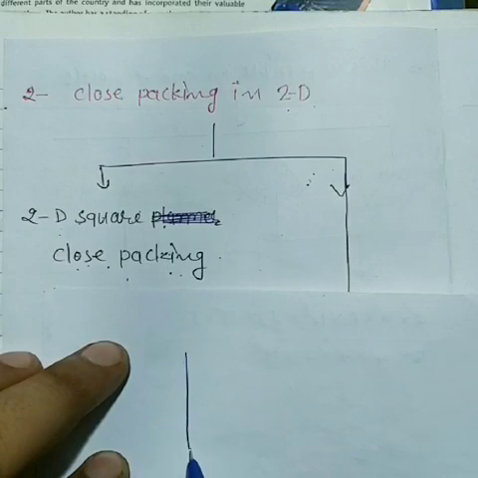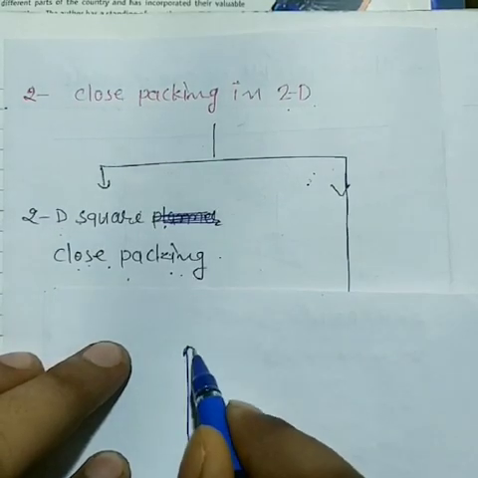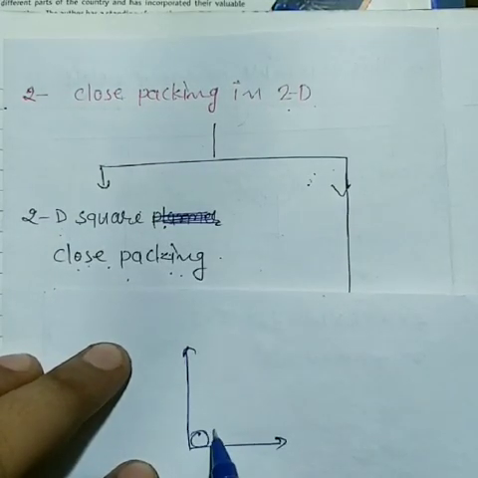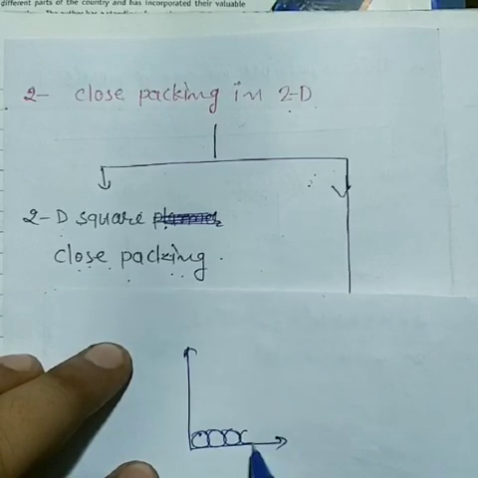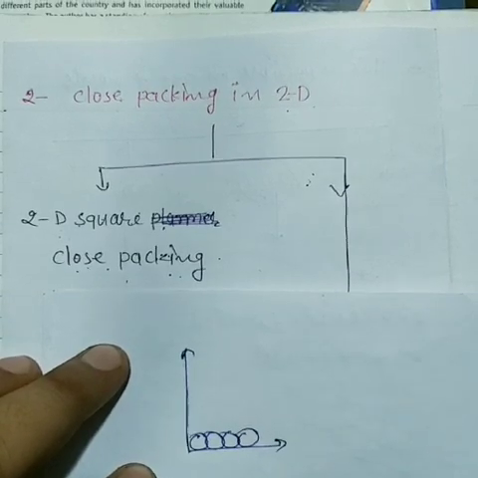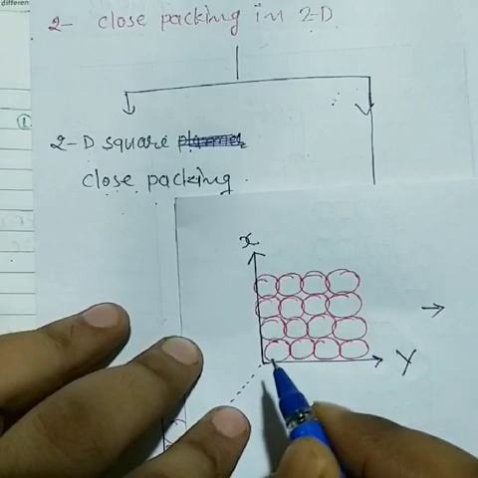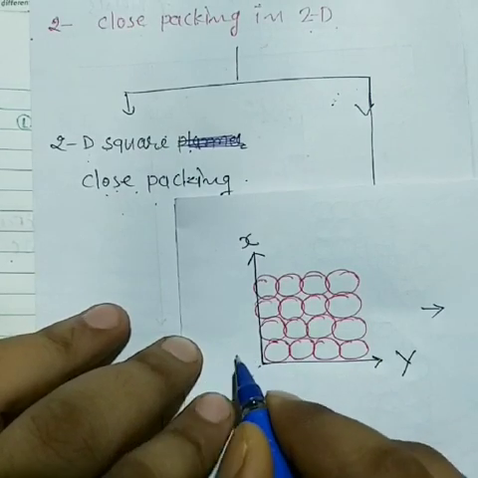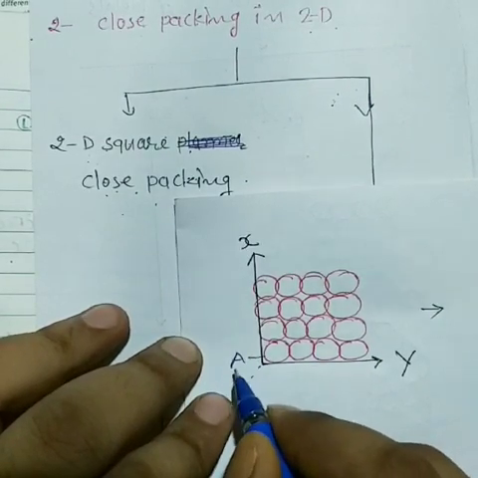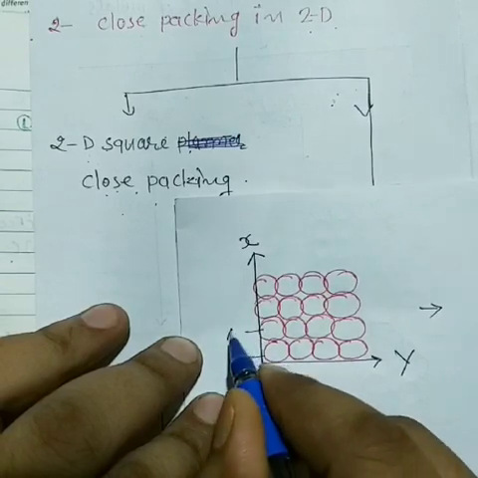Now see, students, I draw one row, A. Now here is another row.